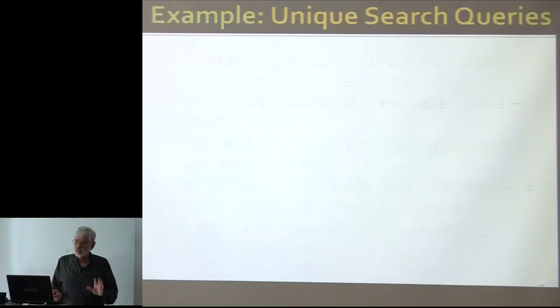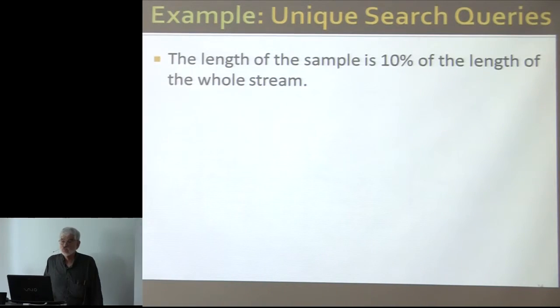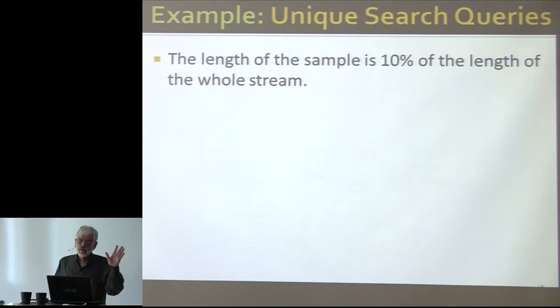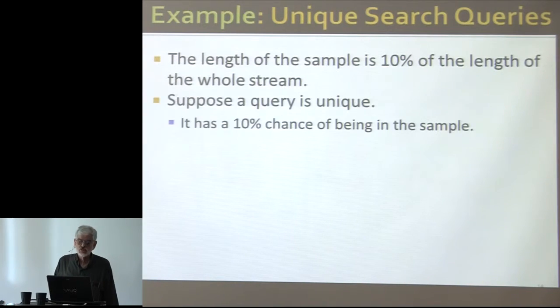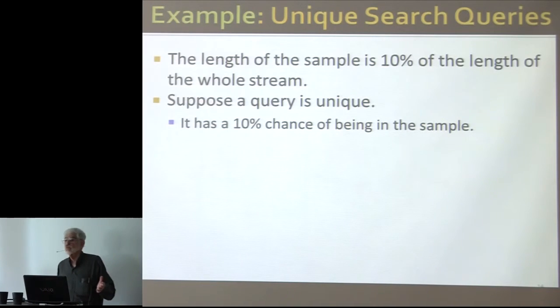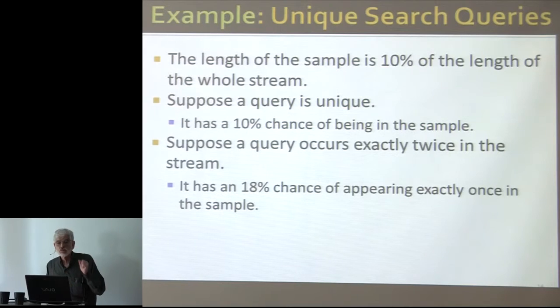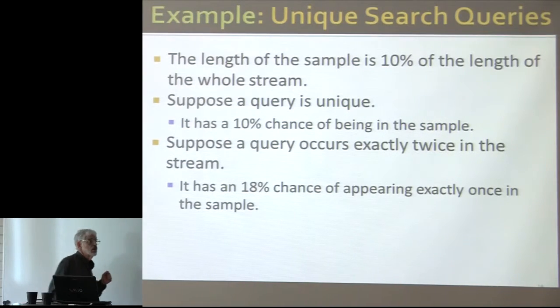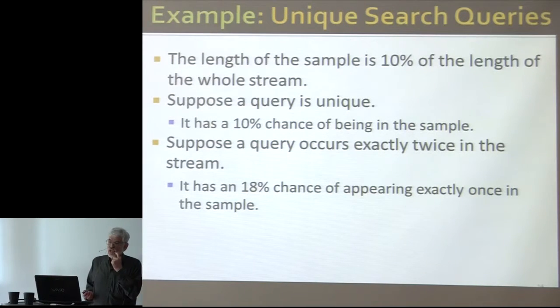But I want to explain, with one more slide, why. Obviously, we're taking at random a sample of 10% of the stream. If the query is unique, then it has a 10% chance of being in that sample, and will surely be unique in that sample, so it'll be identified. But suppose the query occurs twice in the stream. Well, I claim it has an 18% chance of appearing exactly once in the sample.